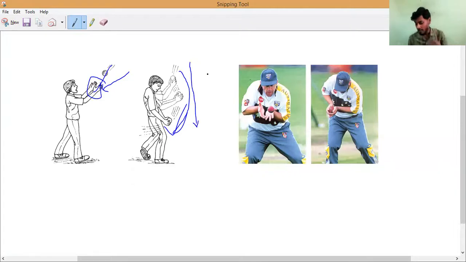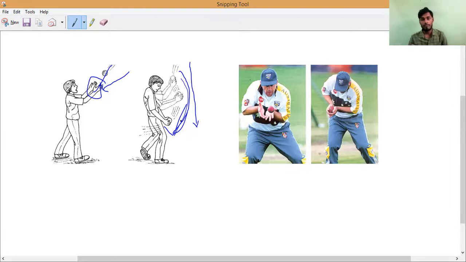By increasing the time, the rate of change of momentum reduces. If you move your hands slowly backwards or downwards, the rate of change of momentum reduces, so less force is exerted on our hands. So our hands will never get injured.